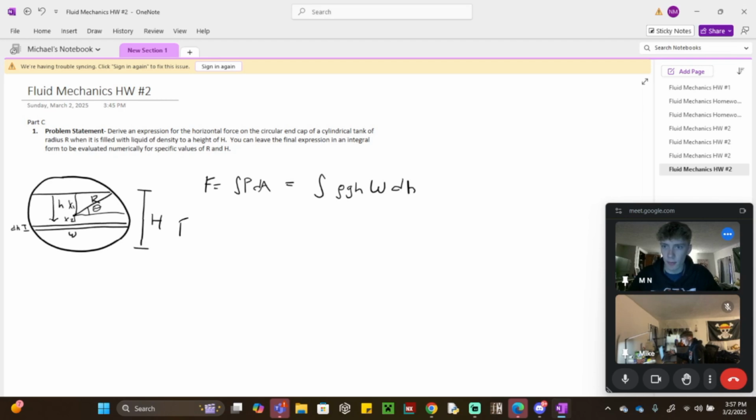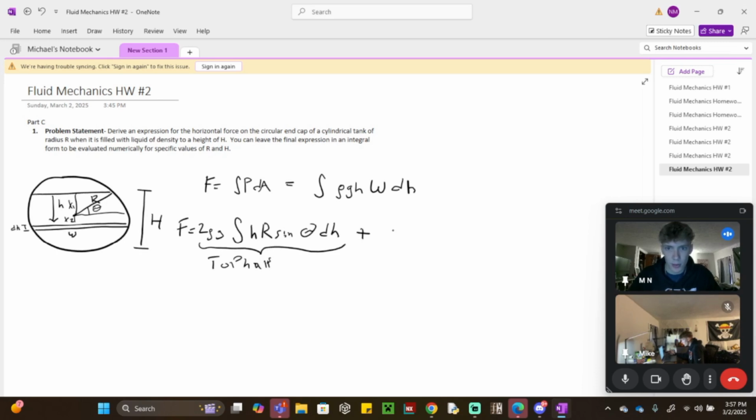So we'll get force equals 2 rho g integral from h, R sine theta dh, and this is our top half integral. So this is for the top half of our circular end cap.